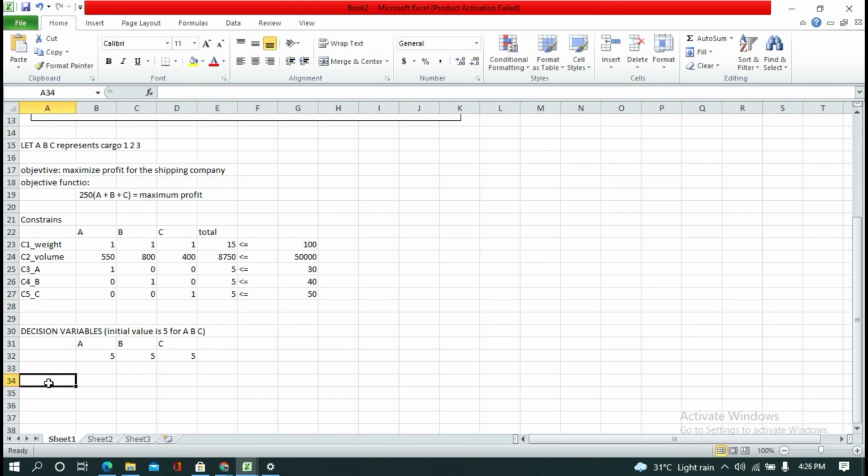So by our objective, the maximum profit is equal to 250 times each cargo. A, B, and C is equal to the maximum profit.